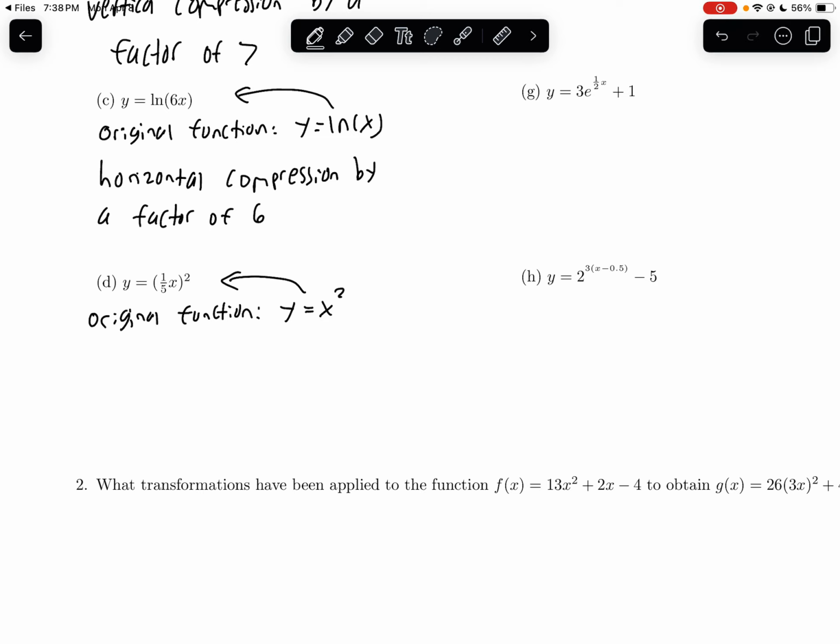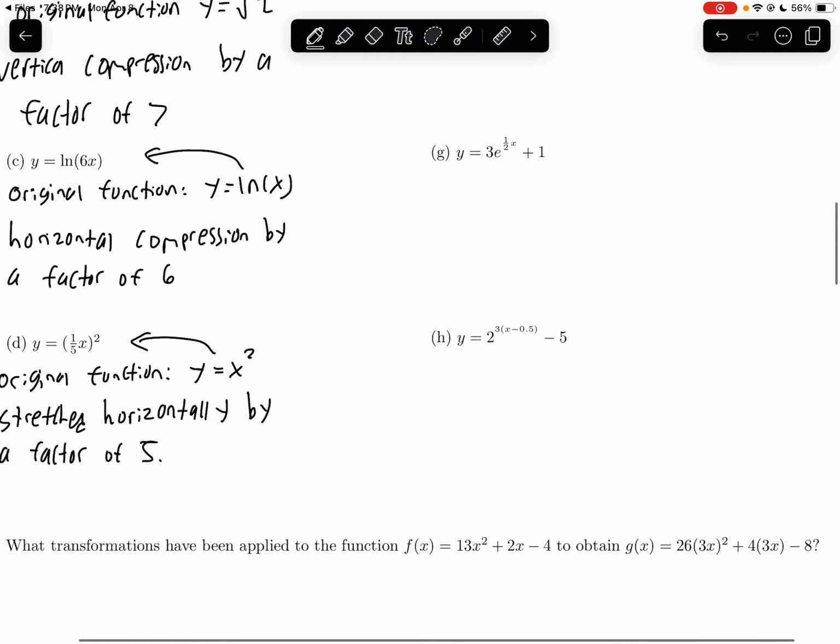The 1/5 is in the parentheses, so you're changing the inputs by that, which means you are stretching it horizontally by a factor of 5. So the factor wouldn't be 1/2 or 1/5, it would just be 5.